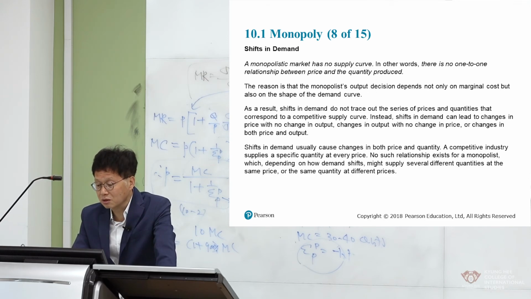Shifts in demand usually cause a change in both price and quantity, so price and quantity change simultaneously, actually. A competitive industry supplies a specific quantity at every price. No such relationship exists for monopolists, which, depending on how demand shifts, might supply several different quantities at the same price or the same quantity at different prices.